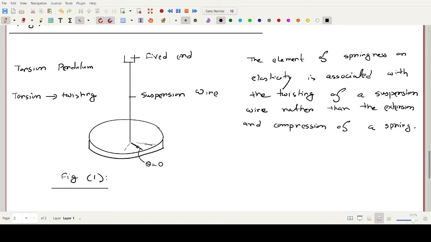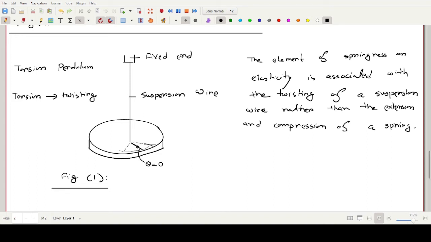Let's say the disc is rotated by an angle theta towards the right, and then if you release it, it will come back to its equilibrium position, then go to the left, then again come back to the initial position, and again go back to the right.